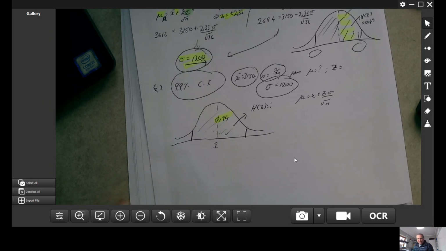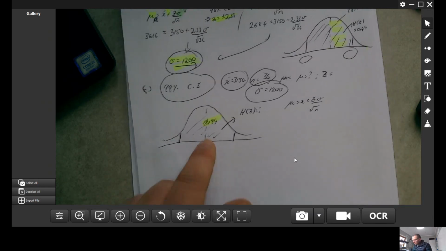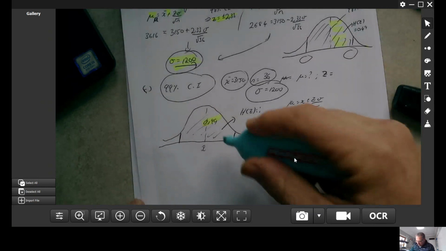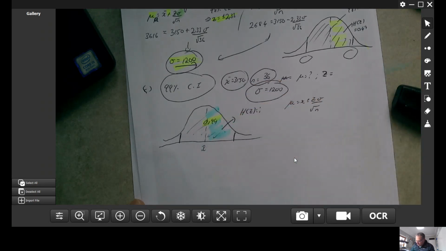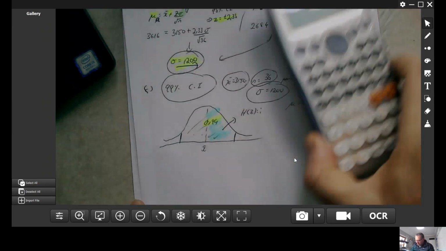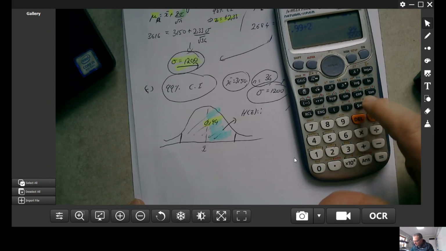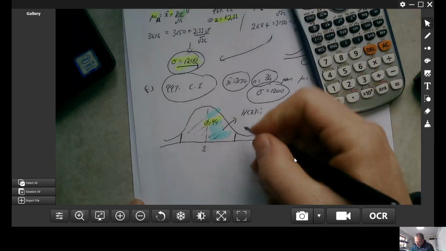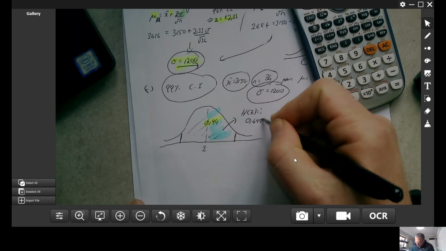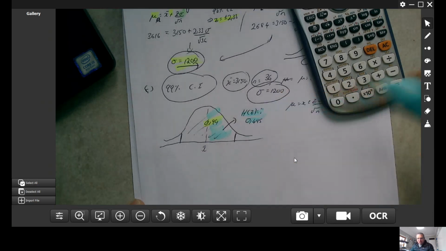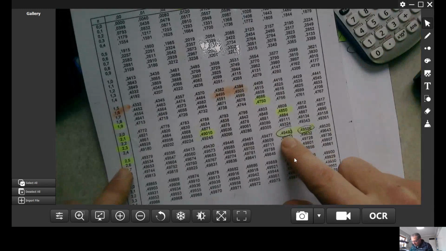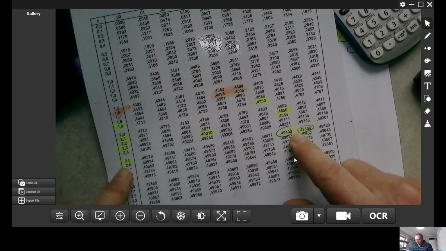So for a 99% confidence interval, that whole area is 0.99, but we want the blue area. So h of z is going to be 0.99 divided by 2, which is 0.495. On my table, I've got to go look up 0.495. And if I go to 0.495, 2.576 is what we normally use.